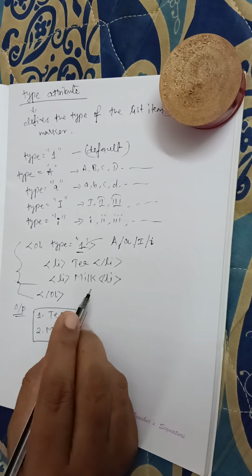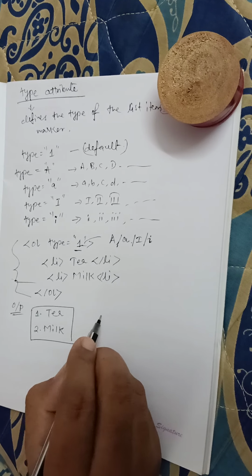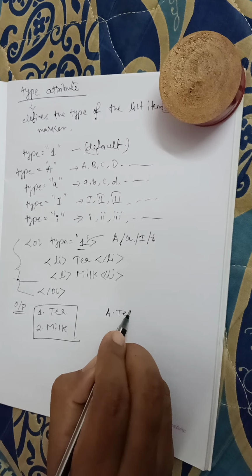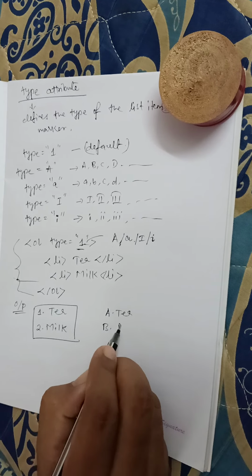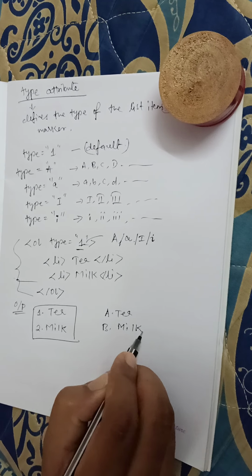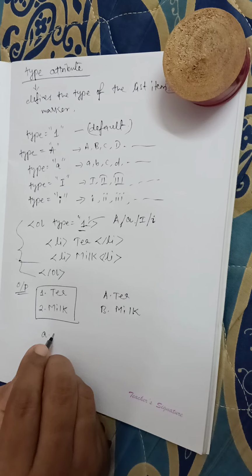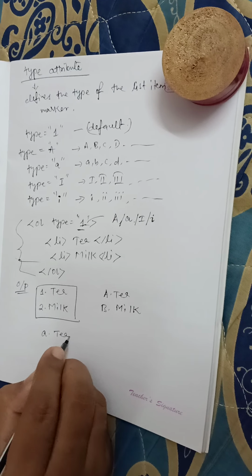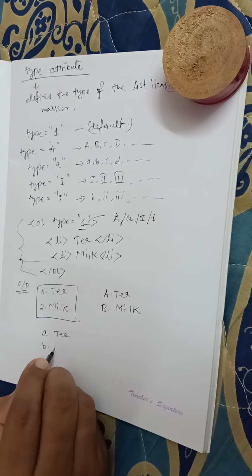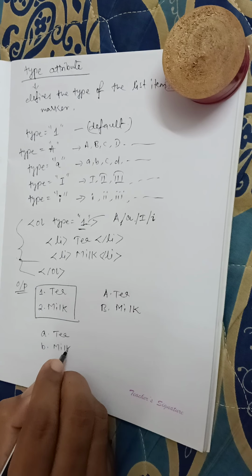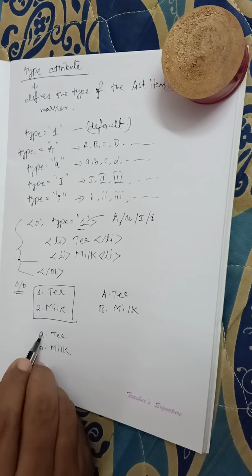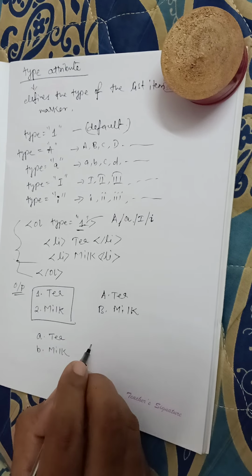If I am mentioning capital A, my output will be T, B, this kind of output we will be getting. For small a, similarly we will be having tea, milk. So numbering only changes, rest of the thing remains same.